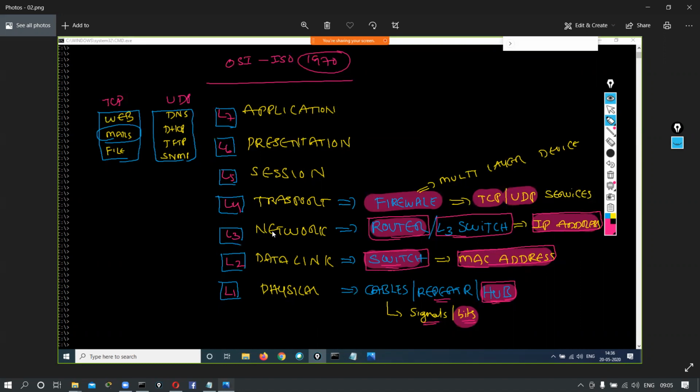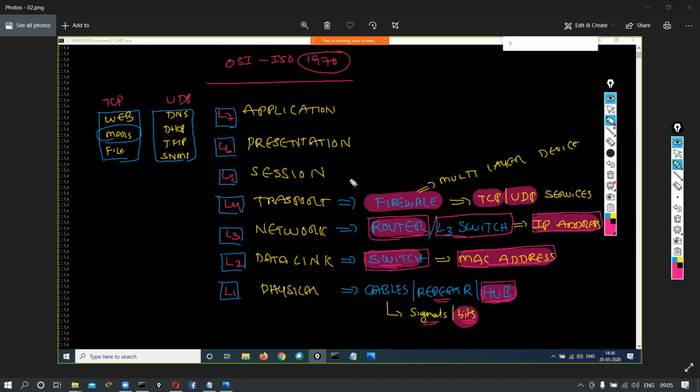There is some process. At layer 2, it will add the MAC address. At layer 3, it will add the IP address. At layer 4, it will add TCP or UDP. Clear now? We'll discuss all these things.